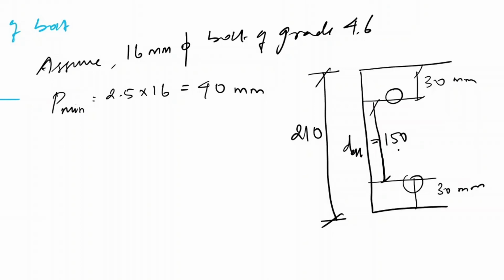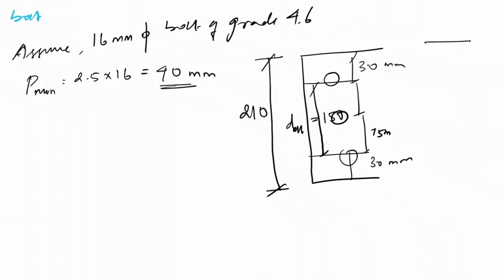So in this effective depth, if I am going to provide a pitch of 40 mm, how many bolts can I provide in a single chain? Suppose I provide 3, now what is the distance? 150 upon 2, which is 75. So my pitch is 75 here, so I can even provide more than 3. So let me provide 4.